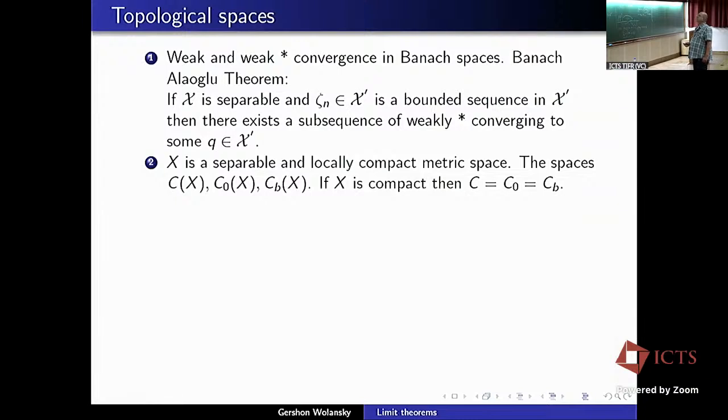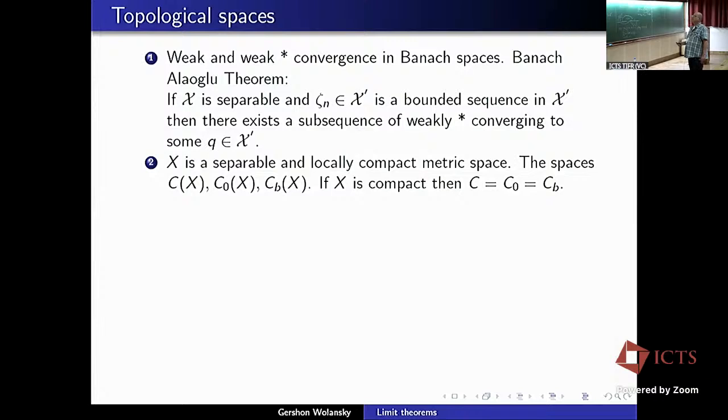We assume that X is a separable locally compact metric space, and in particular, consider the space C(X) of continuous functions; C0(X), which is the space of all functions decaying to infinity, which means that for any epsilon, there exists a compact set such that f is smaller than epsilon outside the compact set. This is C0, and Cb is just the bounded continuous functions.